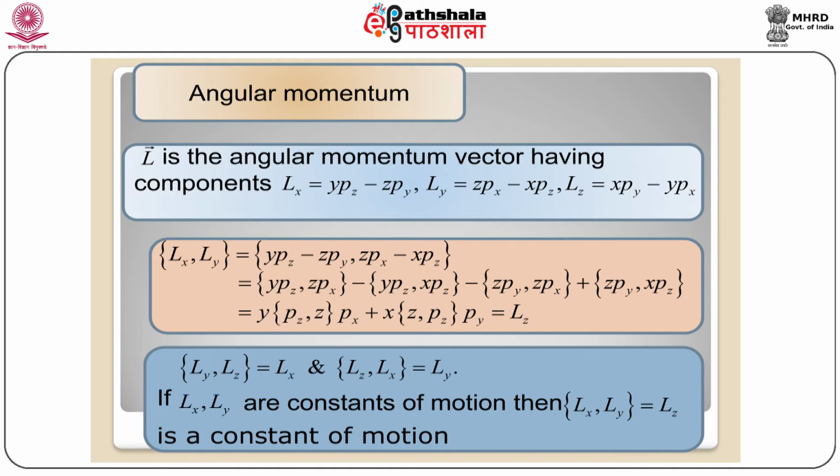Therefore, we have Lx equal to y pz minus z py, where pz means the component of linear momentum along the z axis.